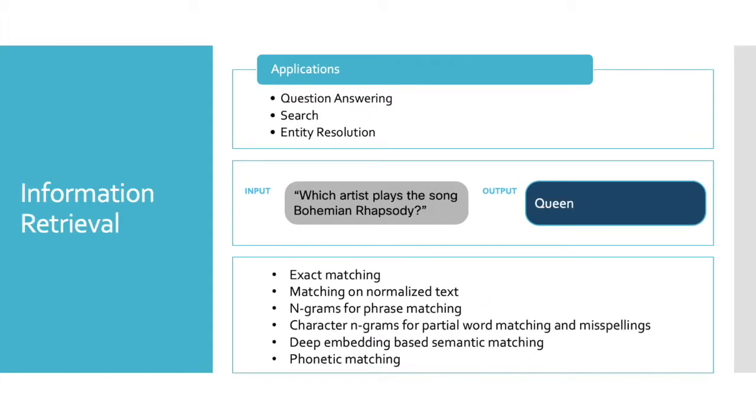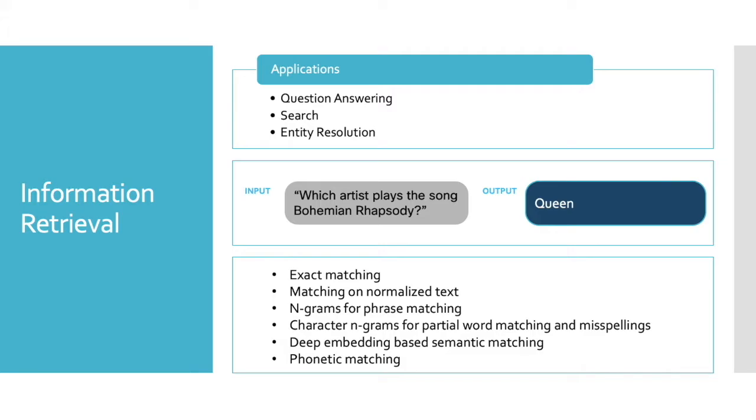The last category is information retrieval. This isn't a trained model per se, but it's one of the backbones of applied NLP. Information retrieval is the problem of retrieving a document from an index or database based on a search term. Some applications of this are question answering, document search, and entity resolution.